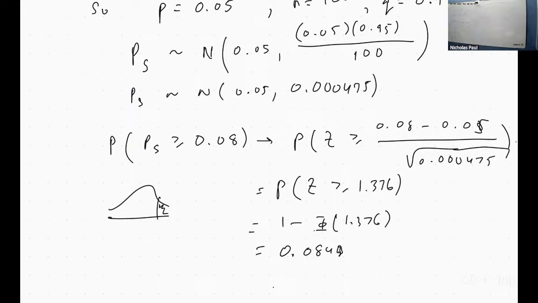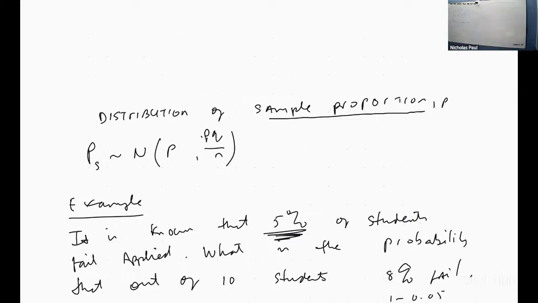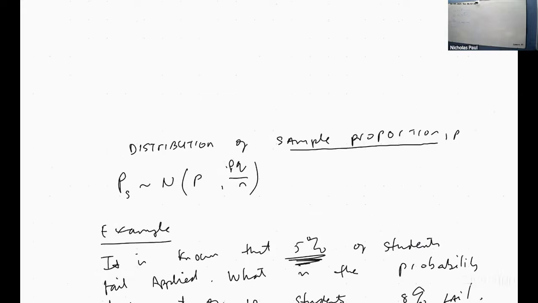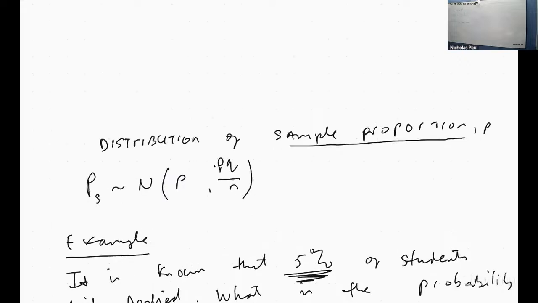Right, so just in case you lost, all we're really doing here is this: if you recognize in a question they didn't give you mean and standard deviation, but they give you proportions or probabilities, it means that now you have a sample distribution of sample proportion. So it will change slightly.